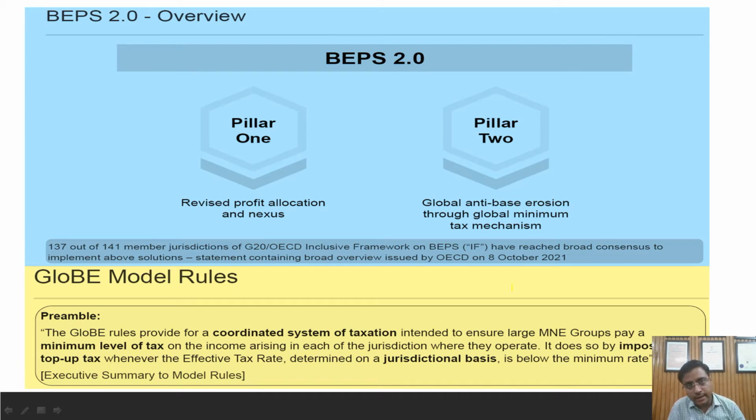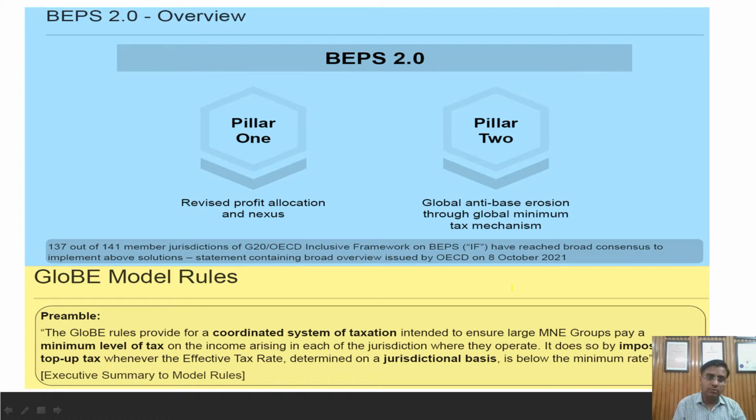Step 1 is already implemented through the Finance Act, in which 15 action plan 1 targeted challenges in respect of digital taxation. Now Pillar 2 is global anti-base erosion through the global minimum tax. Pillar 1 says market nexus: where is your market?